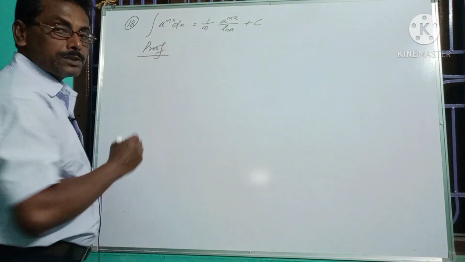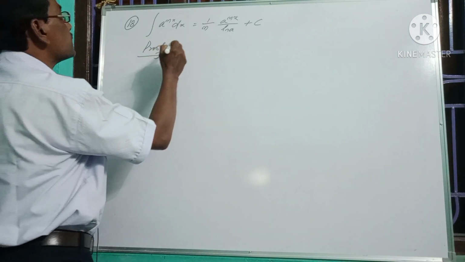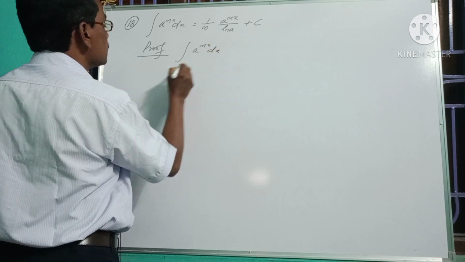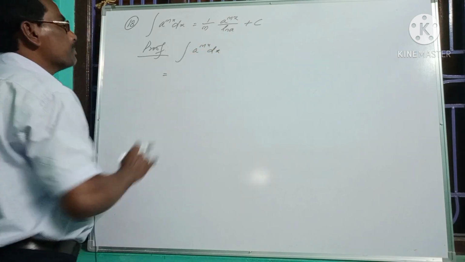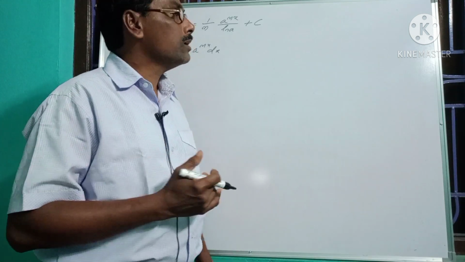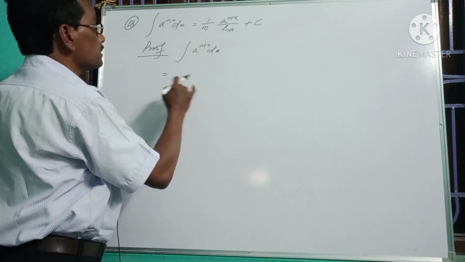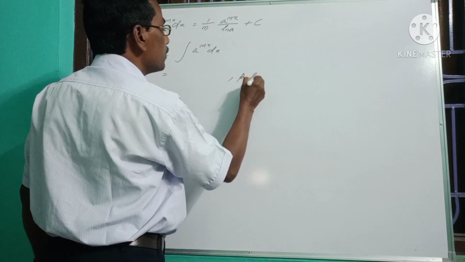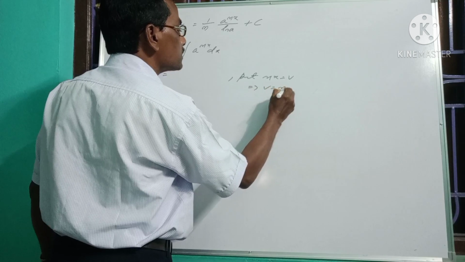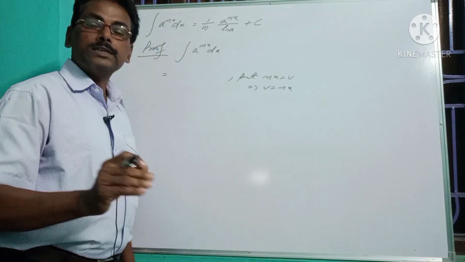by the method of substitution. Let us consider the given integrand, that is, integration of a to the power mx with respect to x. Here a to the power mx is a composite function of an exponential function and an algebraic function. So we have to substitute v for mx. Put mx is equal to v. So v is a function of x, and we have to differentiate v with respect to x.